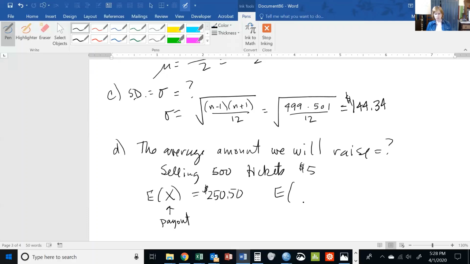The amount raised is 500 tickets times $5, which is how much we bring in, our revenue, minus the payout, and that's X. So 500 times 5 minus X.